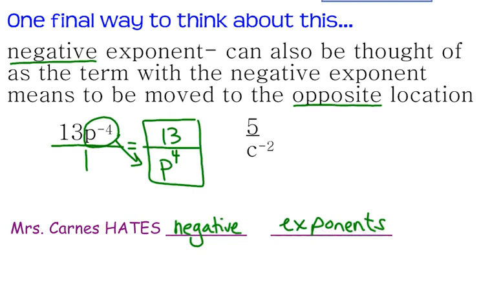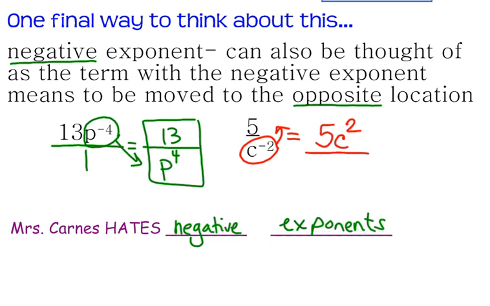If it's on the top, like in this first problem, we moved it to the bottom. What do you think we'll do in this next problem? Where is the negative exponent? It's on the bottom. Where is the opposite of the bottom? Oh, it's on the top. So the c to the second is going to move up to the top, and that 5 gets to stay where it was.